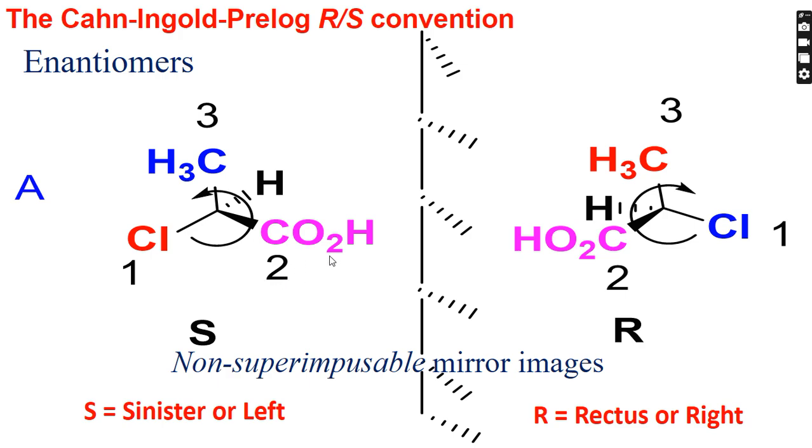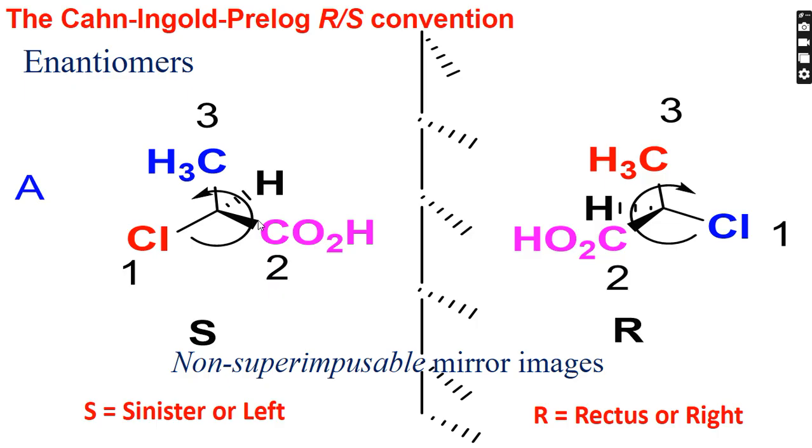So the second priority is CO2H, the third priority is CH3, and the fourth priority is hydrogen. I didn't put the numbers, but I need to put the numbers here. Number 4 is hydrogen.